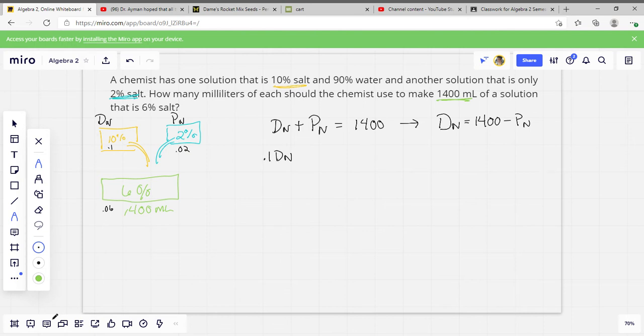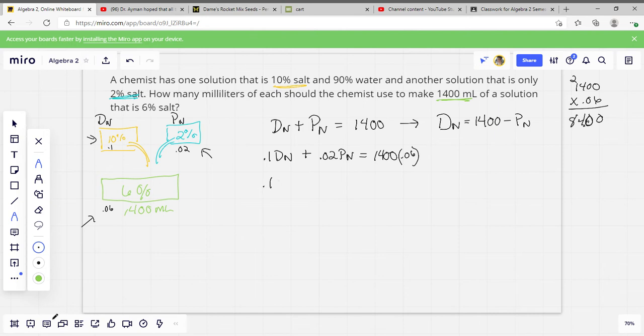So I'm just multiplying right here. 0.1 times Dn plus 0.02 Pn equals 1,400 times 0.06. So I'm going to multiply that out. So 1,400 times 0.06. 6 times 4 is 24. 6 times 1 is 6, 7, 8. Move my decimal 2 places, 84.